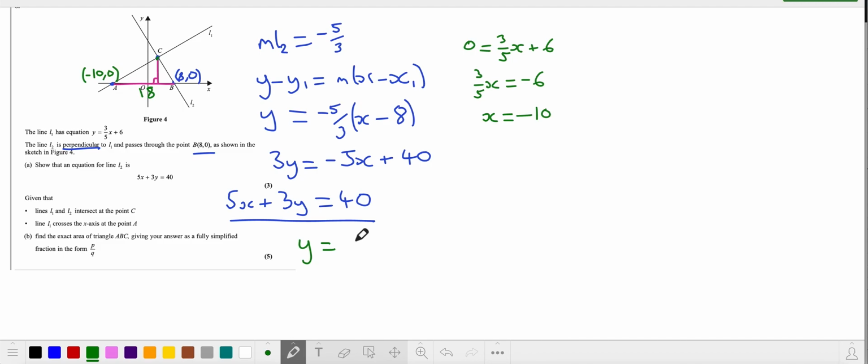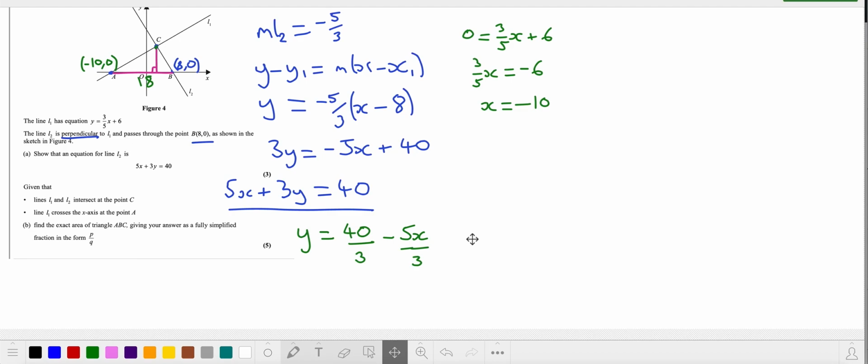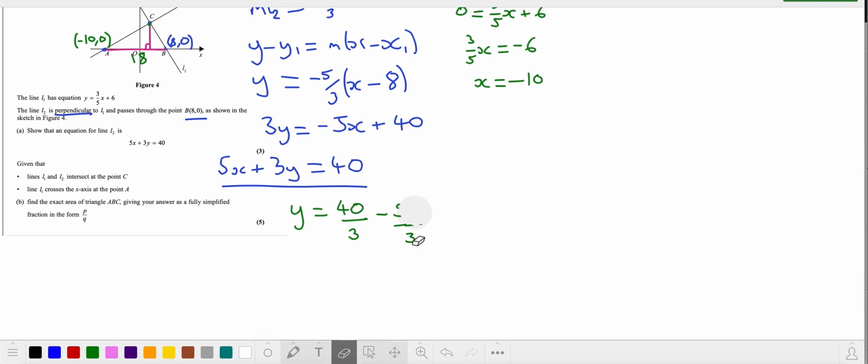So y would be 40 over 3 minus 5x over 3, or 5/3 x, same thing, but I'll just write it that way, just so it's consistent with how we presented that first one.